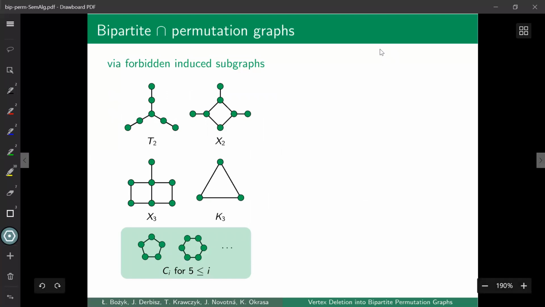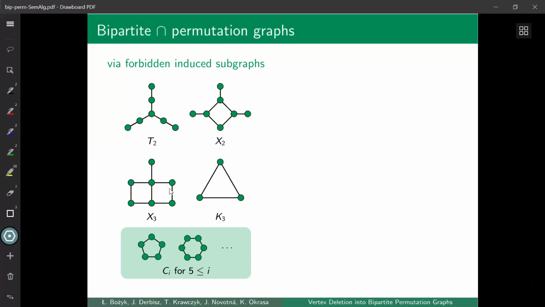So bipartite permutation graphs are precisely those graphs which don't contain induced cycles of length at least 5, a triangle, and these three cute 7-vertex graphs called T2, X2, and X3. That's one way of defining them, which is proper for our vertex deletion considerations.